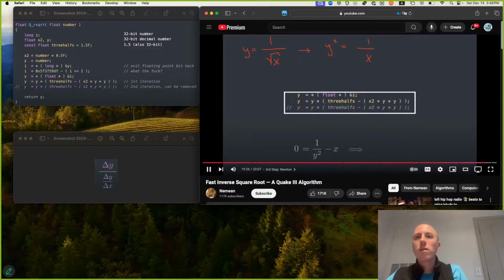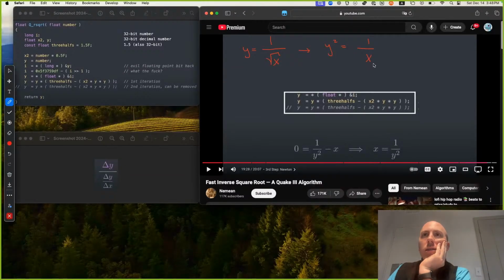Then we multiply both sides by x and divide by y squared. So we get x is equal to 1 over y squared. And then we subtract x from both sides and we get 1 over y squared minus x is equal to 0.